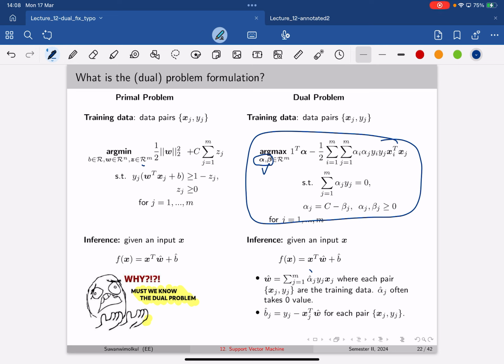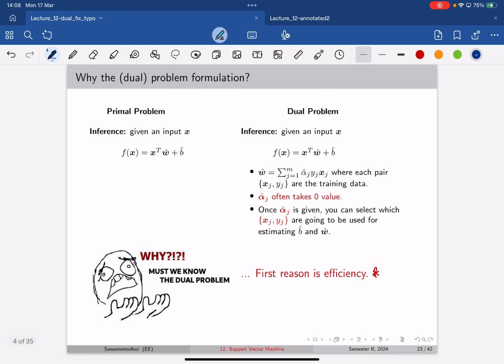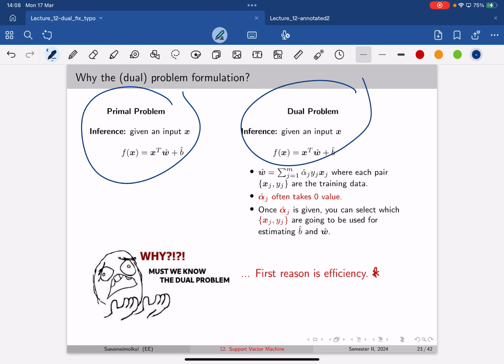And as they have zero value, when you plug them in to compute the normal vector, there are so many points that have zero value. Therefore, computing this normal vector will only use a few data points. So efficiency was the first benefit of turning this main problem, which we call the primal problem, into the dual problem.